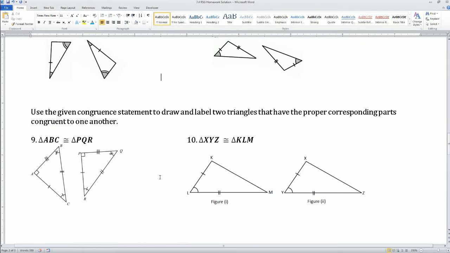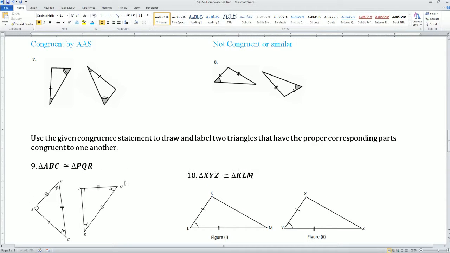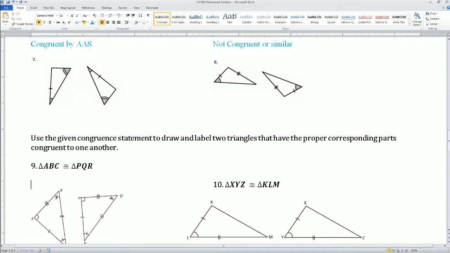Okay? Next one, using the given congruence statements, draw and label two triangles that have the proper corresponding parts congruent to each other. Triangle ABC is congruent to PQR. I just want you to notice something about this.